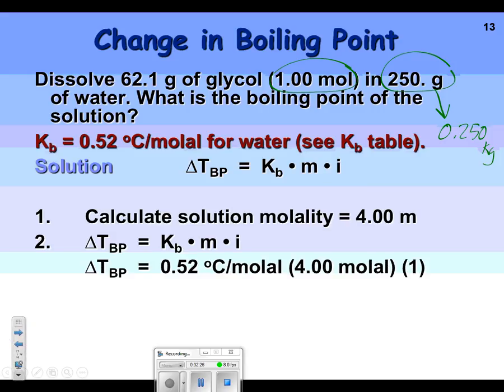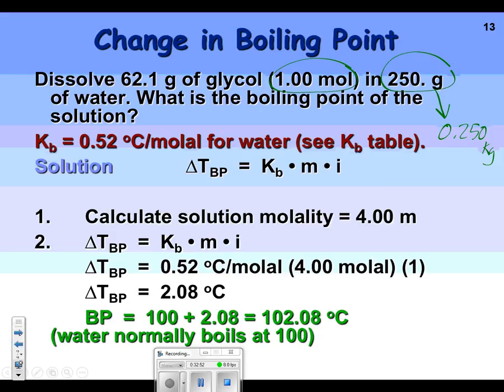Plug everything in, and I end up with a change in temperature of the boiling point. What did I just tell you on the last graph? What do you do to the boiling point? It goes up. So what's the normal boiling point of water? 100 degrees Celsius. So I'm going to add it to 100, and I get the new boiling point.